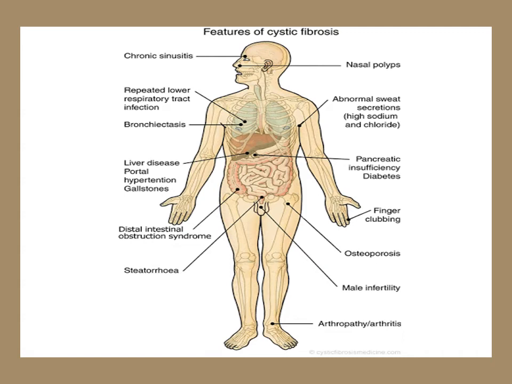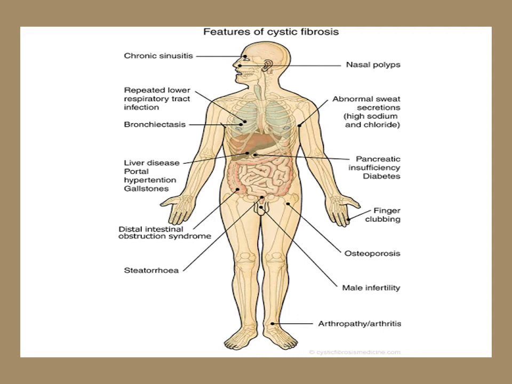Finger clubbing is where the ends of people's fingers look swollen and they almost look like a small club. You should check a picture of finger clubbing. And this is very common in chronic respiratory or chronic cardiovascular conditions.